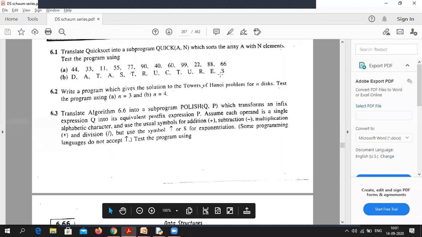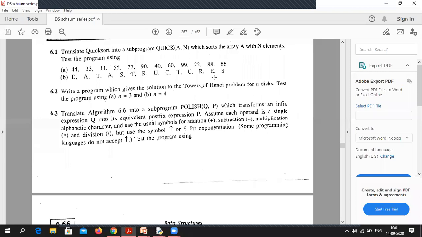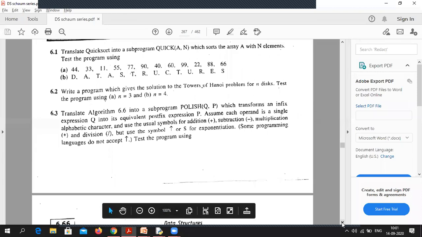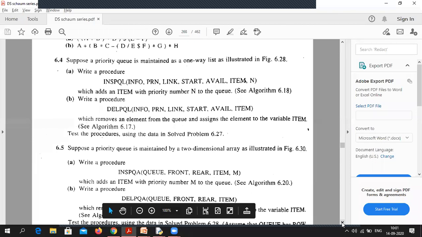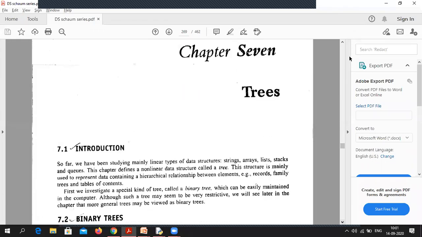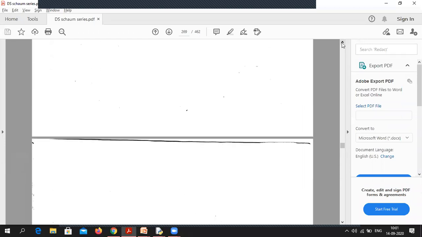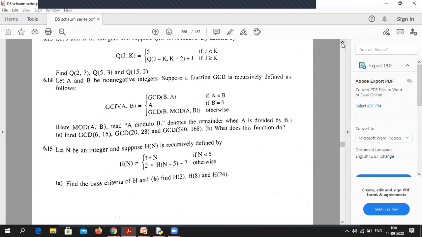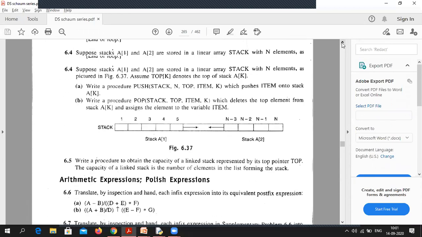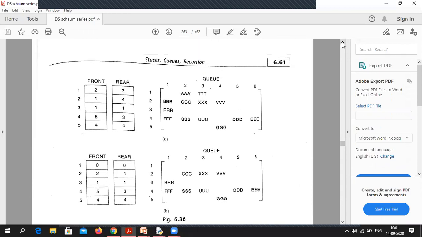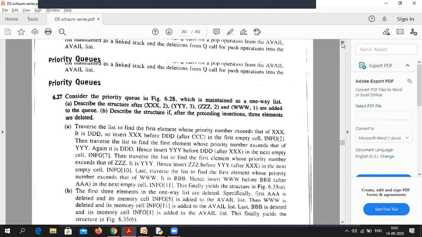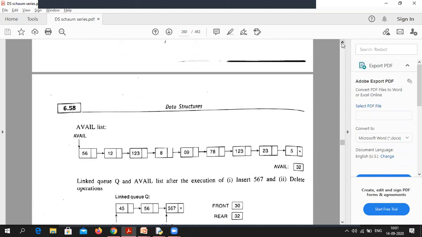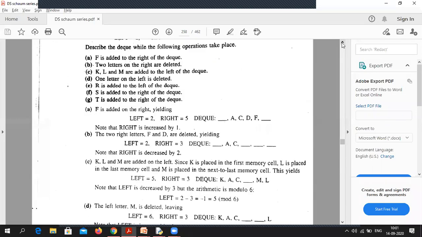You have to sort this by using quick sort. In A part, they have given numbers, but in the B part, they have given letters. So you can sort them also. Just go through all these questions. Let me find out that. Okay, this one.